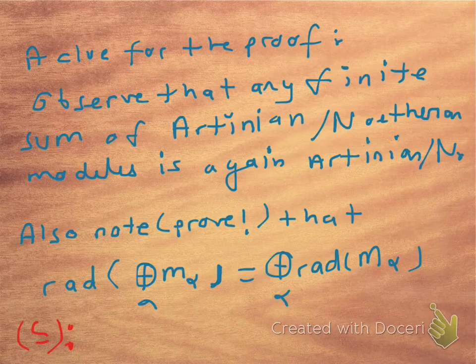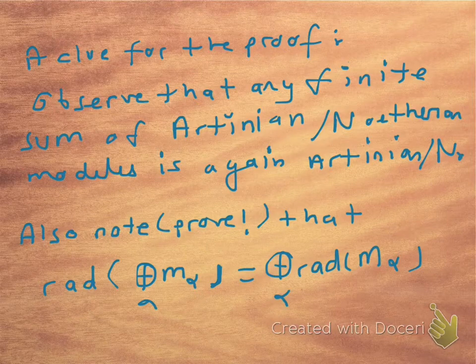So this fact and the use of some appropriate homomorphisms, one for each alpha, would settle the direction from left, the inclusion of the left side in the right side.